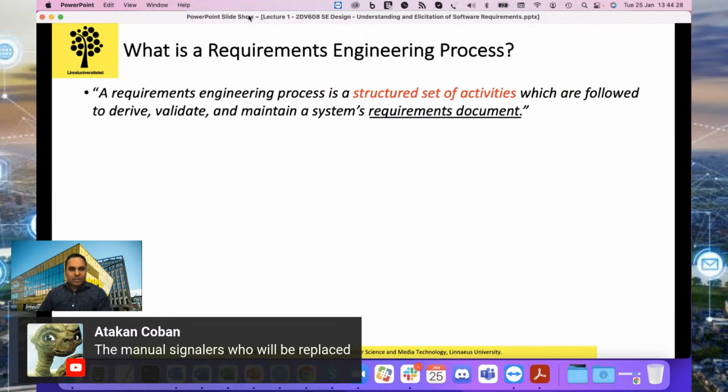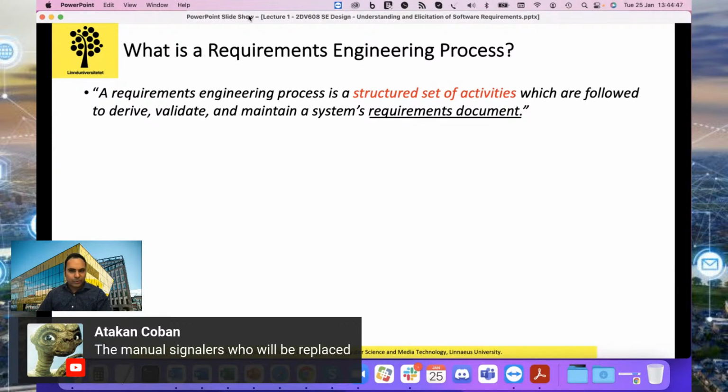So we talked about requirements, we talked about requirements engineering, we talked about the requirements document, and then we also talked about stakeholders. Then there is another concept, that is the requirements engineering process.